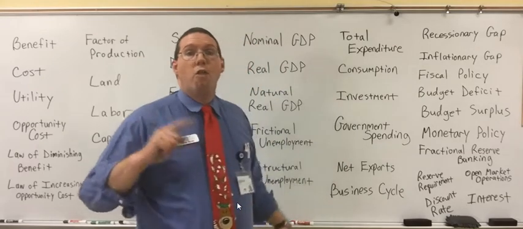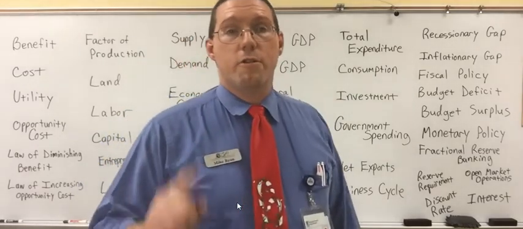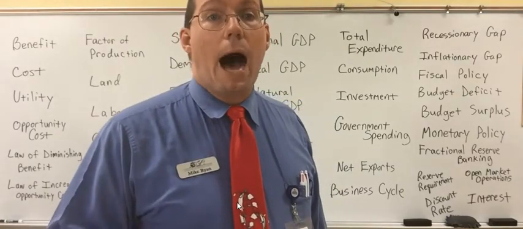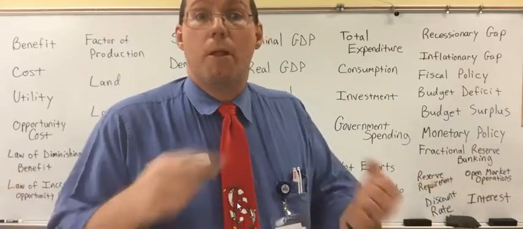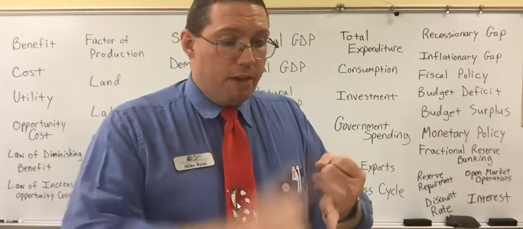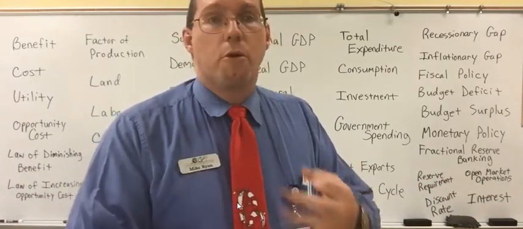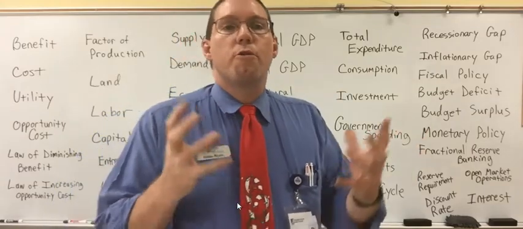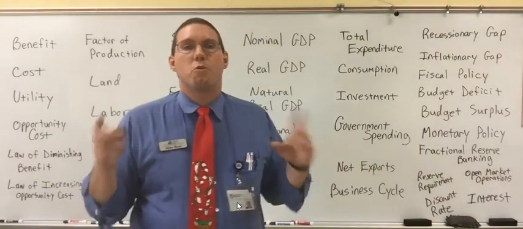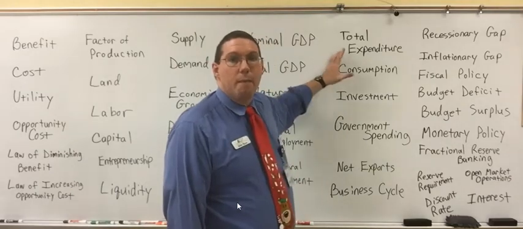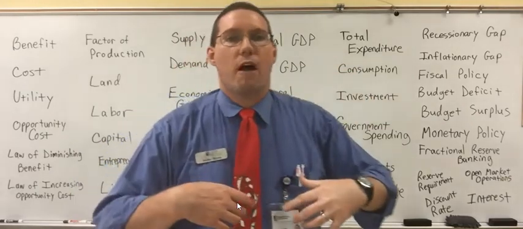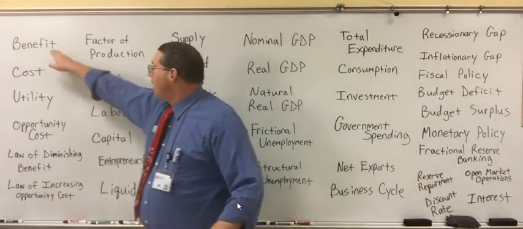Consumption is all the money spent on goods and services in an economy by households, by individuals, by people. The families, the individuals in the families, the households. Consumers are people who are not doing business. Why are consumers spending money? Because they want to consume stuff and experience the benefits of it.